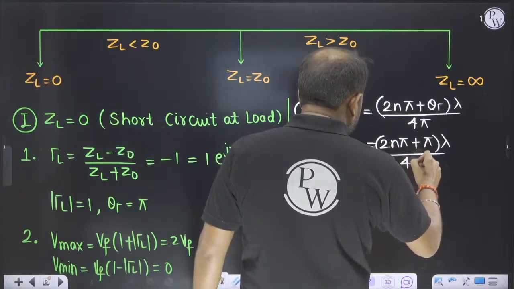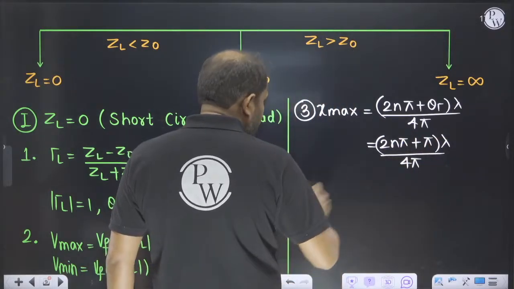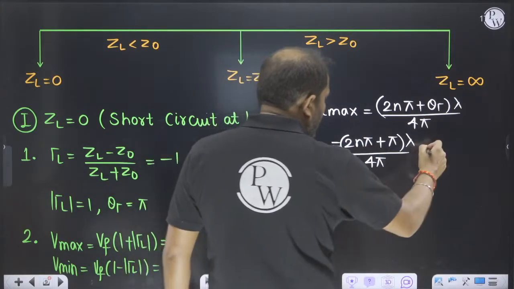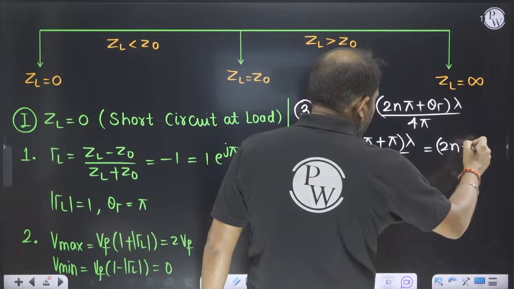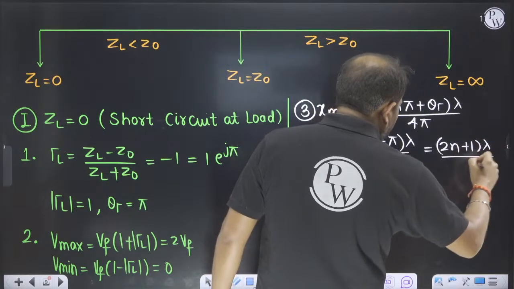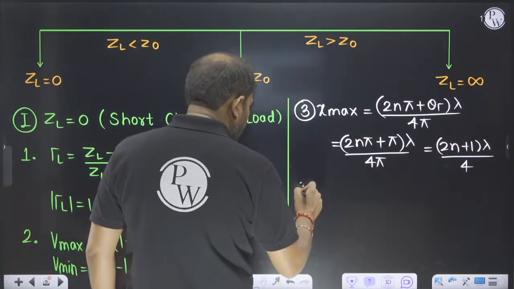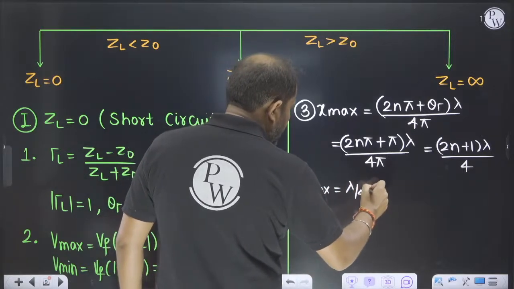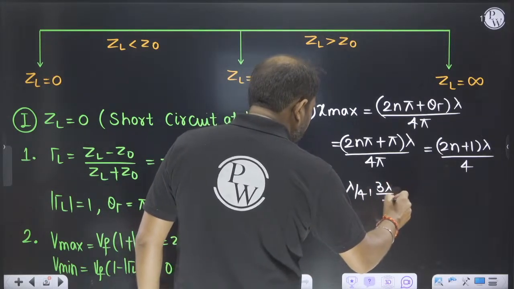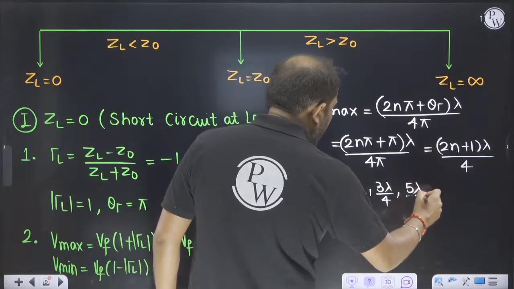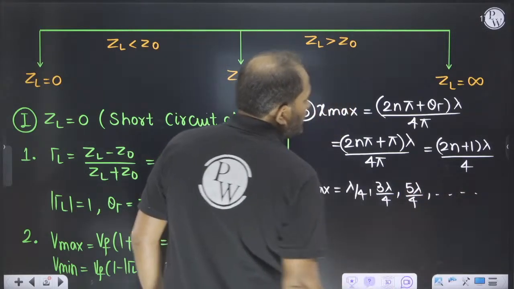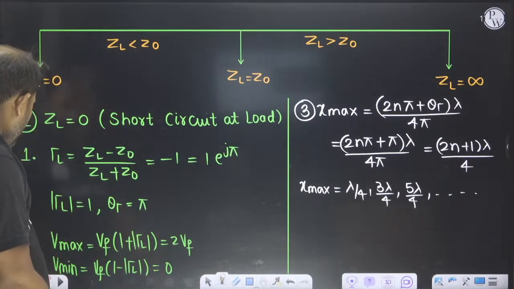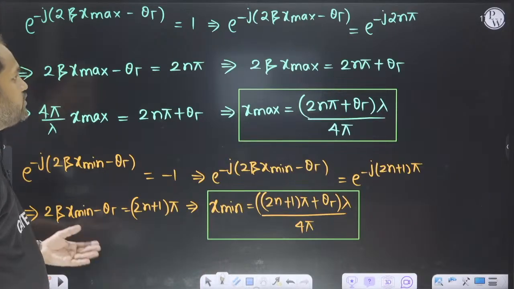So we will get the value of x max as an odd multiple of lambda by 4. That means x max is lambda by 4, 3 lambda by 4, 5 lambda by 4, and like that there will be infinite values. So x should be positive. Why? Because when x is negative, there is no value.